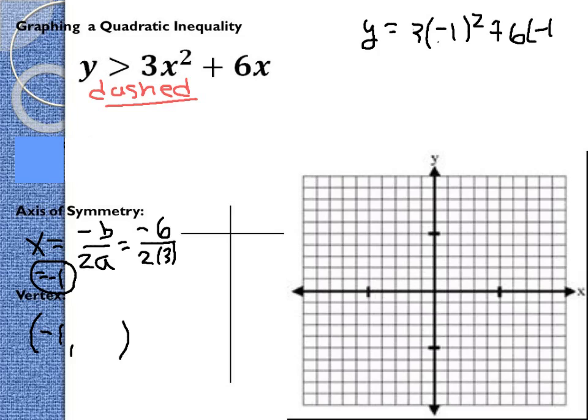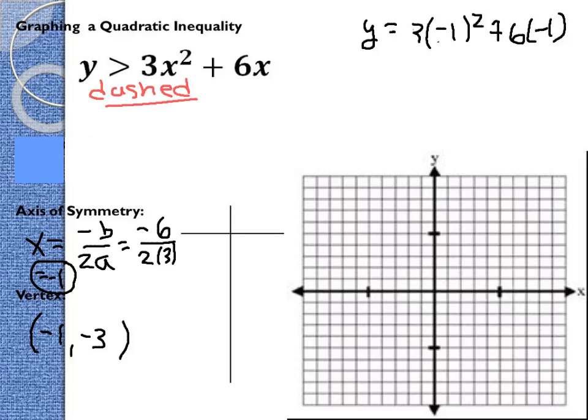So solving for this, I get 3 times negative 1 squared, which is 3, and 6 times negative 1 is negative 6. So 3 plus a negative 6 is a negative 3. So for this problem, our vertex ends up being negative 1, negative 3.